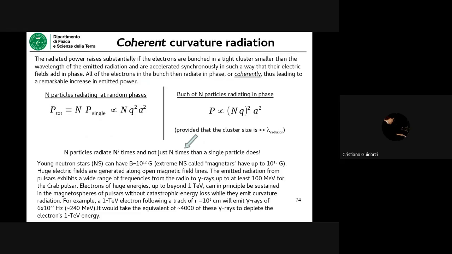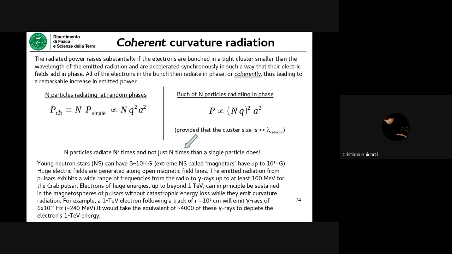So let's have a look at what happens when you have n particles which are emitting not coherently. Every particle works on its own, so the resulting electric field will be unrelated to the electric field due to the other particles.